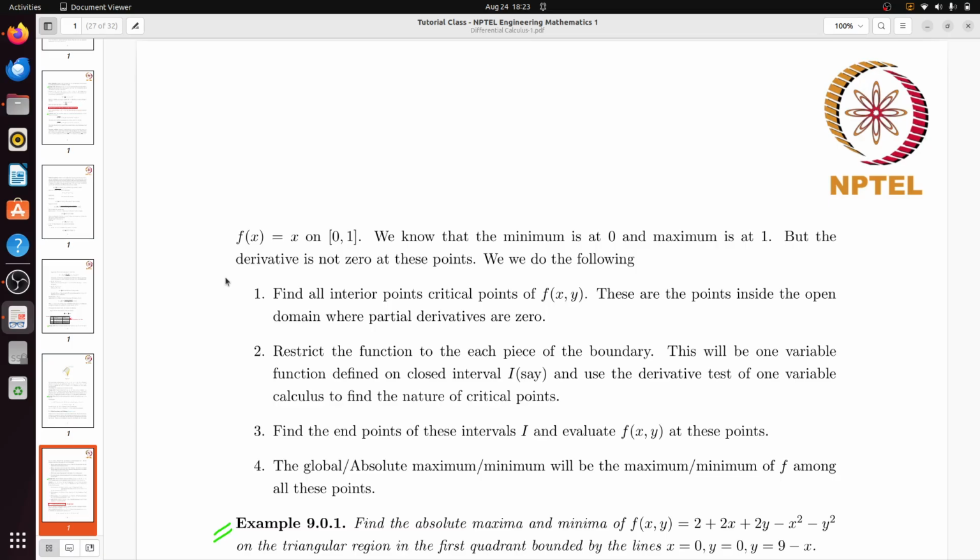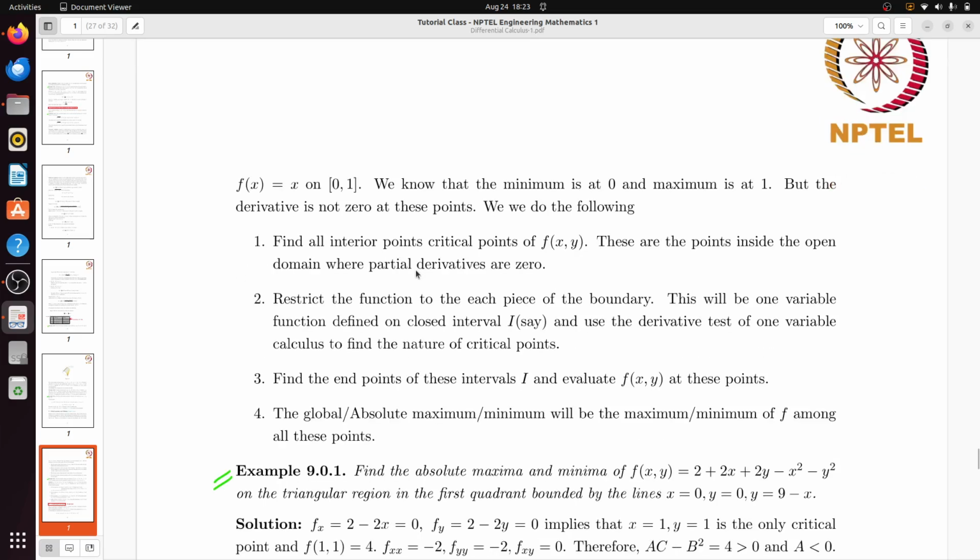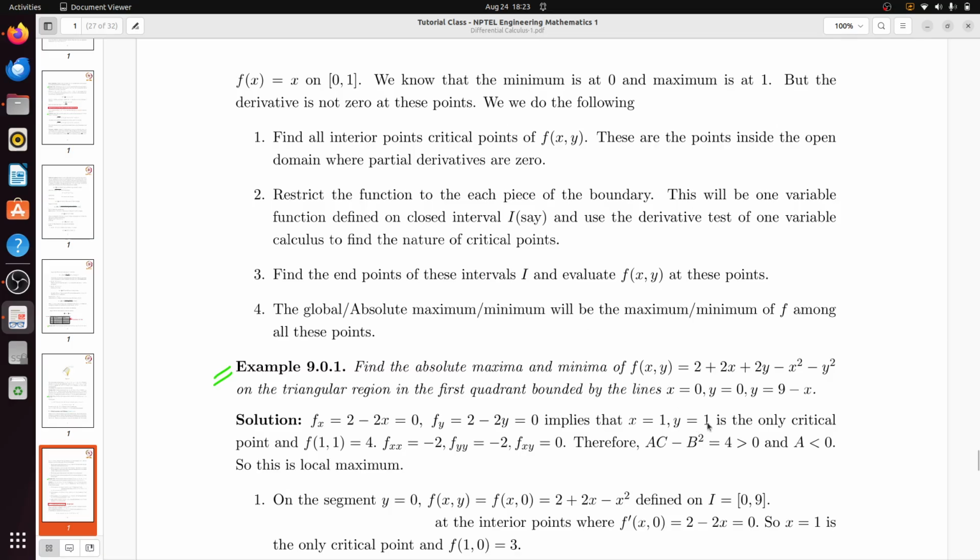So that is x equal to 1, y equal to 1. Okay, very good. This is the only critical point.